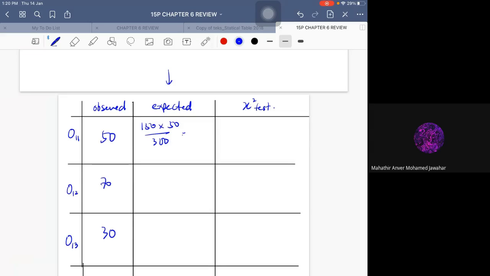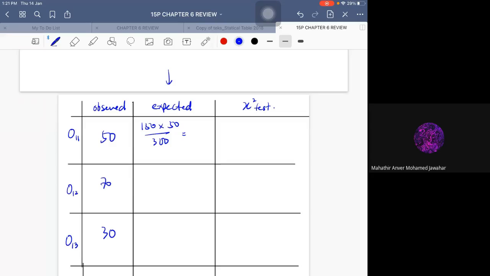So what is the value for this? 25. Okay, so the value is going to equal 25.